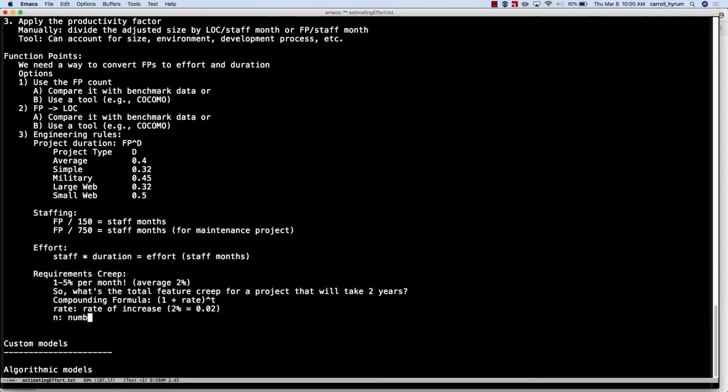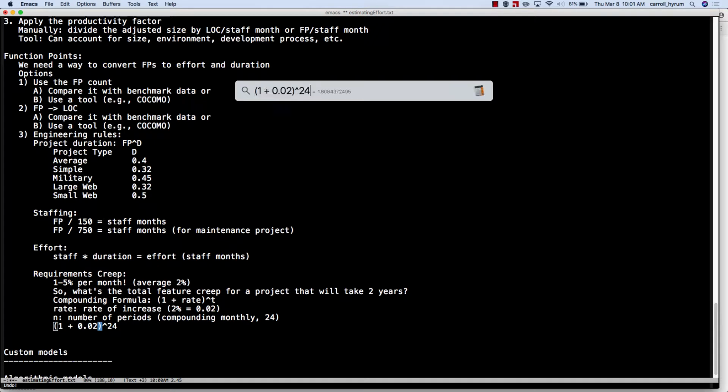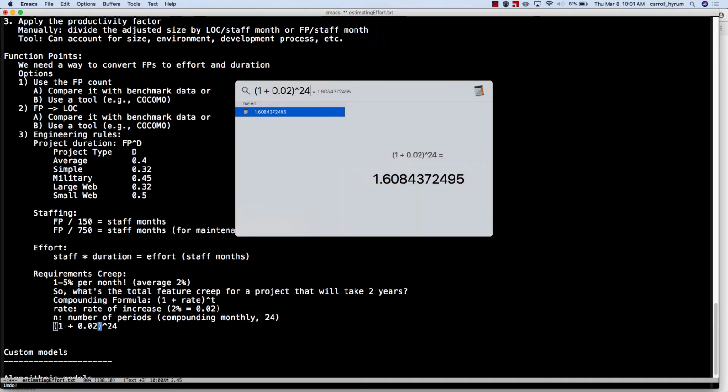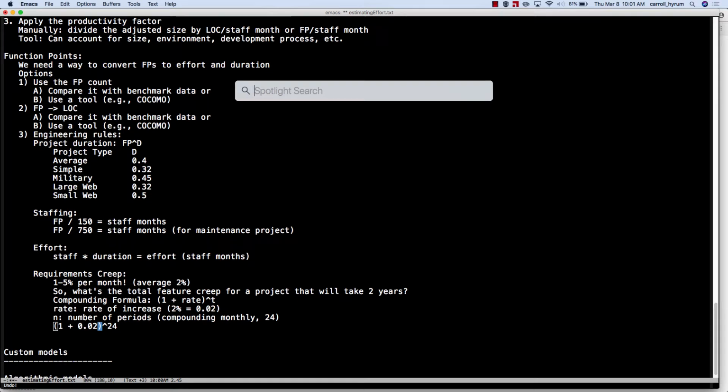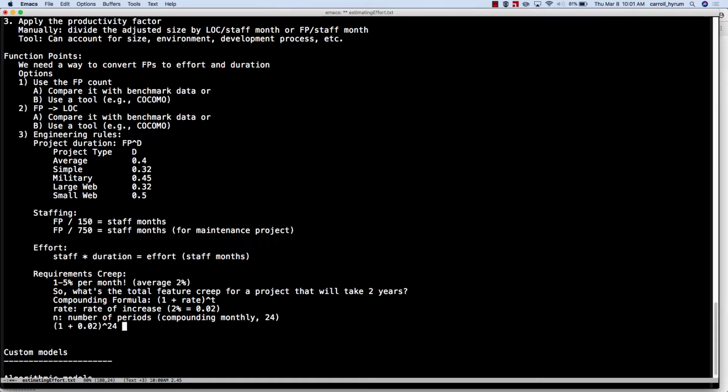N here is the number of periods. How many periods are we talking about? We're compounding monthly, so that means there are 24 periods. So now we have 1 plus 0.02 raised to the 24th, and it's approximately 1.61.